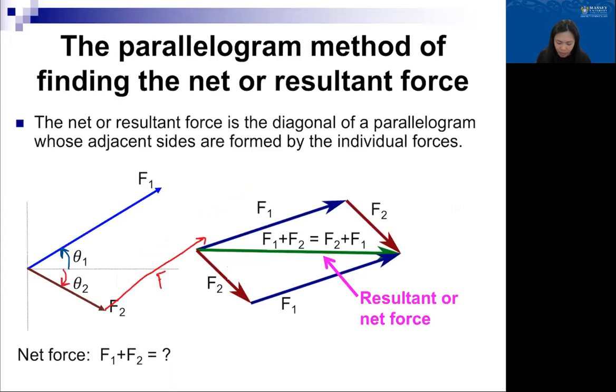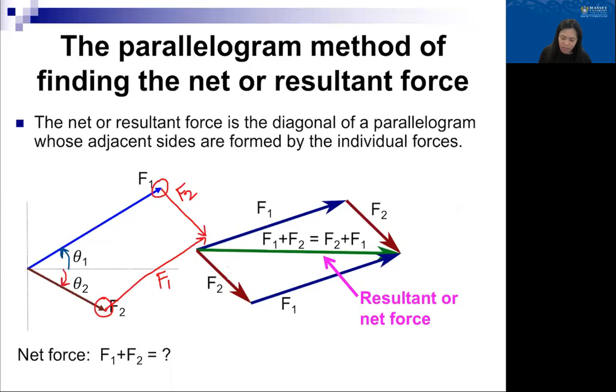Copying F1, connecting that to F2. Notice how the tail of F1 connects with the head of F2, and then you copy F2 as well, connecting. Notice how the tail of F2 is connected with the head of F1, and then the net force.